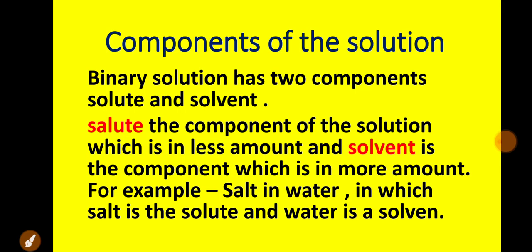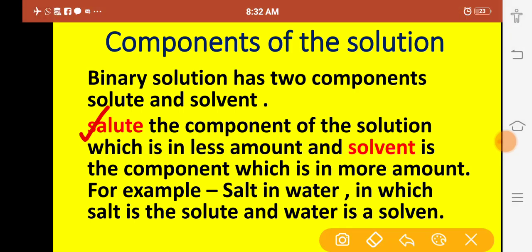Now, the components of the solution. As we have discussed, if the solution is a binary solution, then one component is said to be the solute and the other the solvent. What is the solute? The solute is the component of the solution which is in less amount, whereas the solvent is the component of the solution which is in more amount.